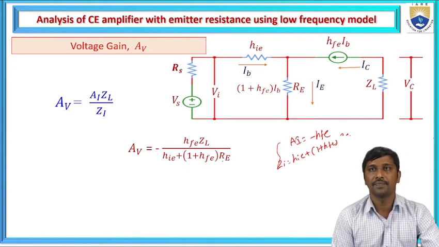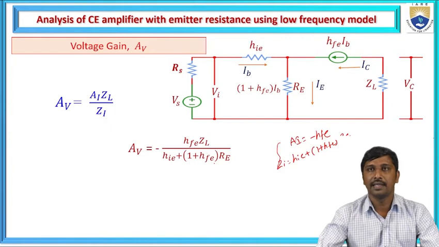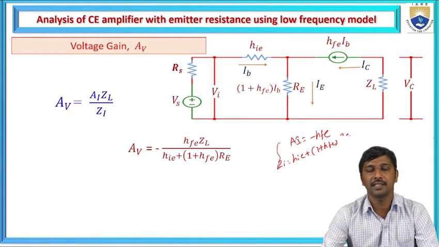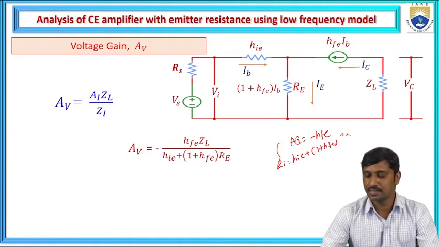Now, let us consider the common emitter amplifier without emitter resistance and with emitter resistance. With emitter resistance in a CE amplifier, the input impedance is increased.